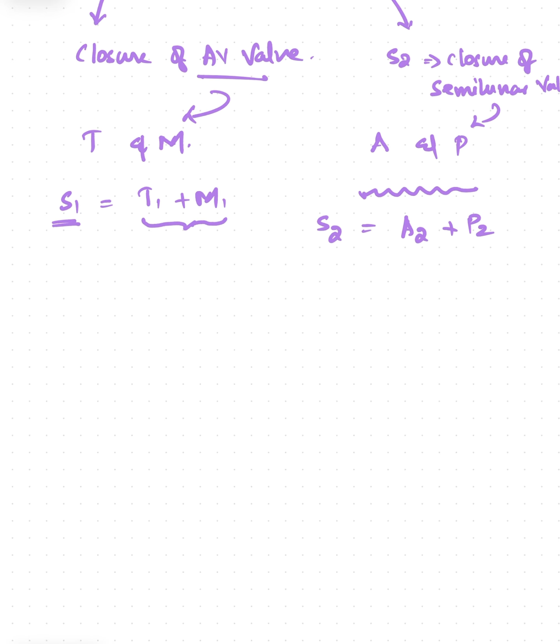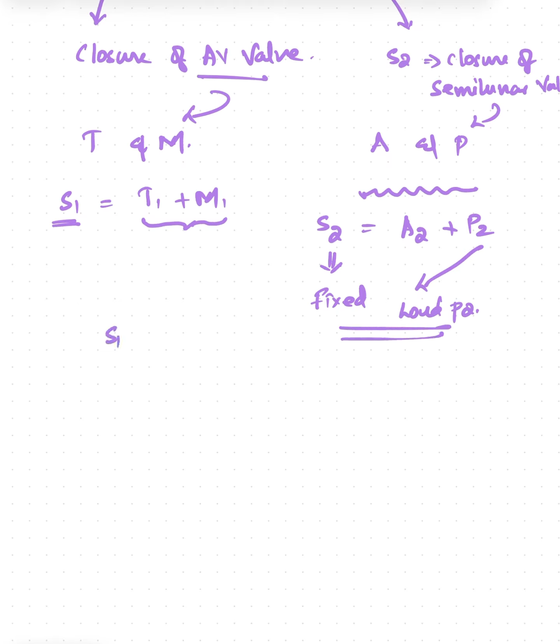So let's imagine we have two sounds, S1 and S2, right? In this particular condition, the second heart sound is said to be fixed, and you can hear a loud P2 sound.